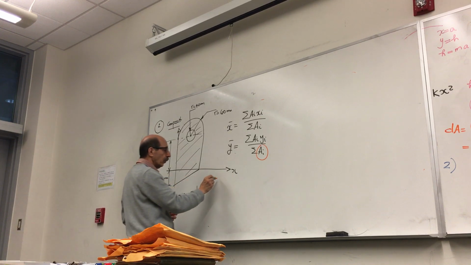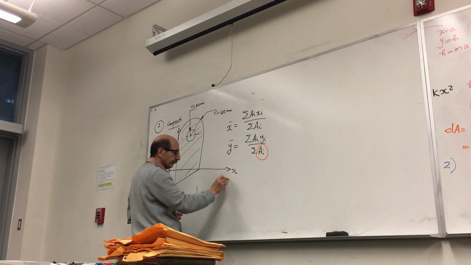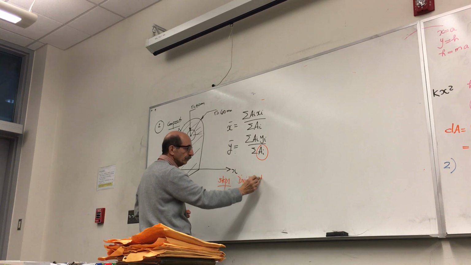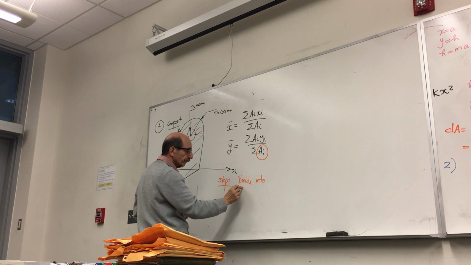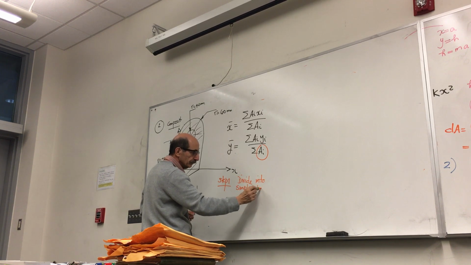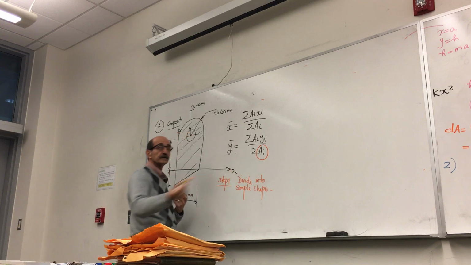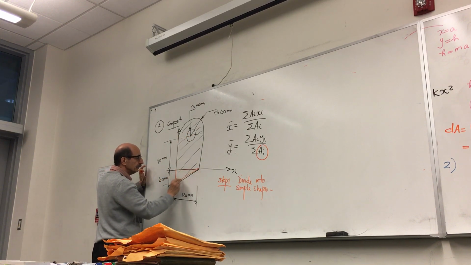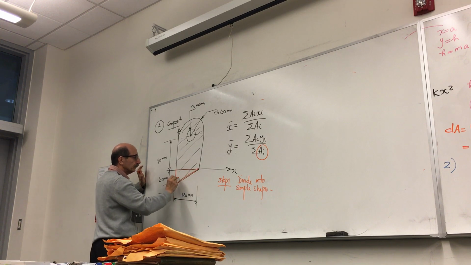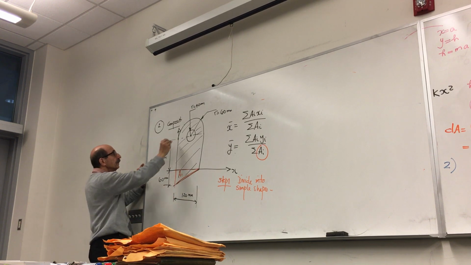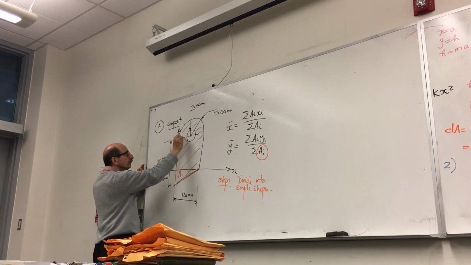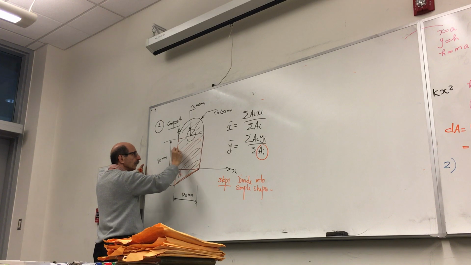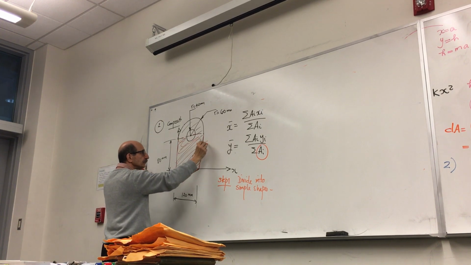As step number one, divide into simple shapes. I mean simple geometric shapes. This is what I would do. For instance, I will consider this triangle as A1. I would say this rectangle is A2.